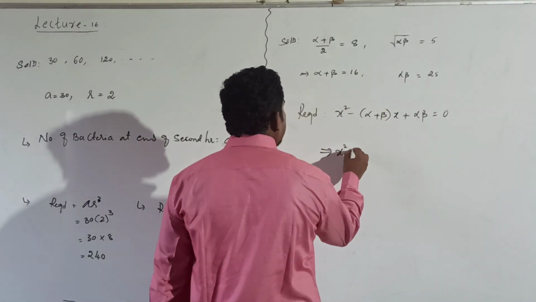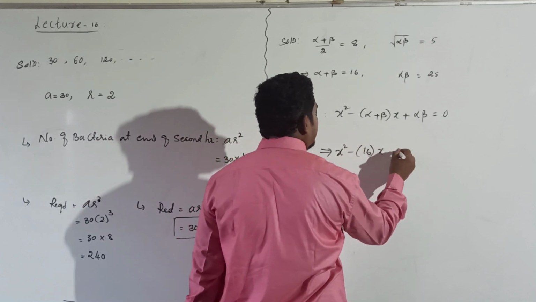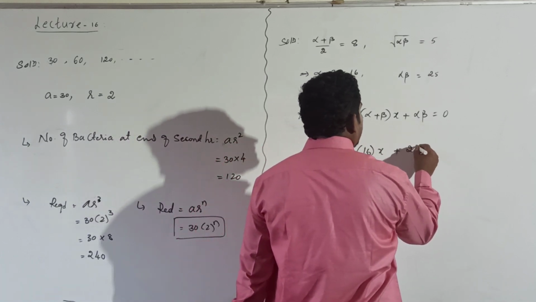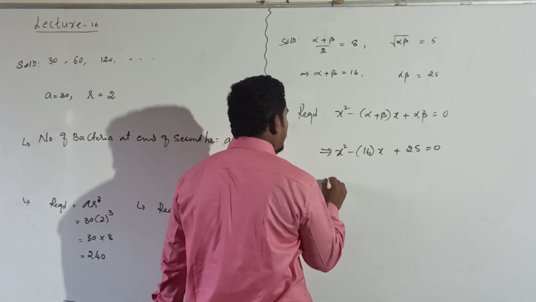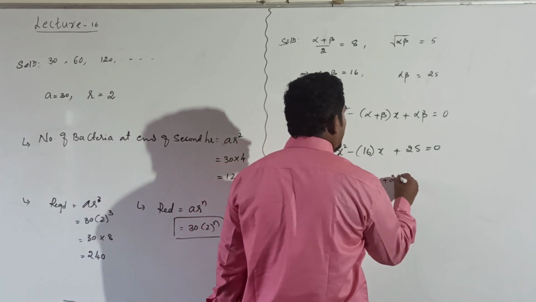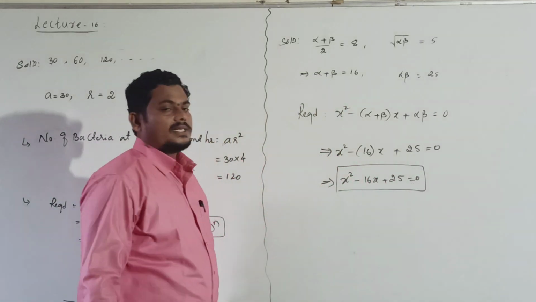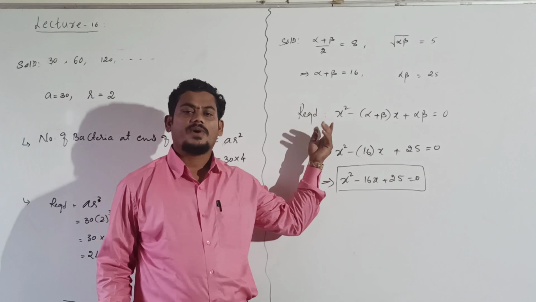Then it will be x square minus 16 into x plus 25 equal to 0, so x square minus 16x plus 25 equal to 0. This is our required quadratic equation. It is one of the important 2-mark questions.